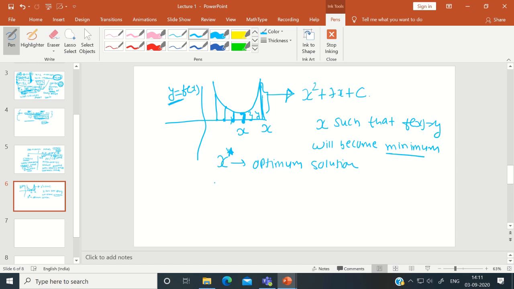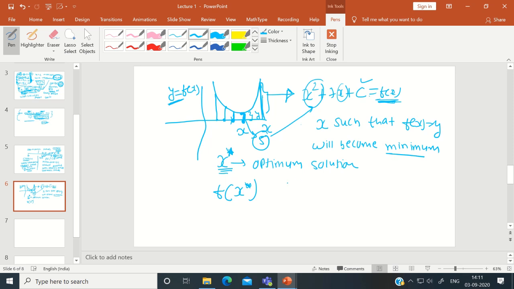And corresponding to x star, the function value, f of x star. It means suppose I get x is equal to 5 in this case, then in this equation, f of x, replace x by 5, and c is known, so you will get some value of f of x.